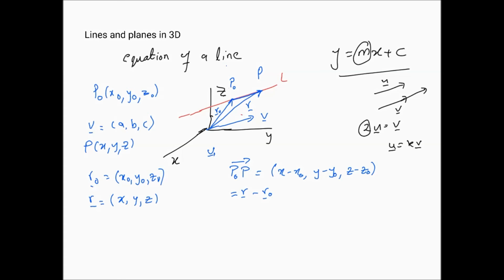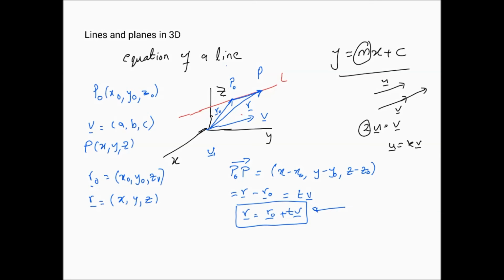So if we return to our situation, since P0P is parallel to V, it means that r minus r0, or P0P, is equal to some scalar, let's not use k, let's use t, times the vector V. So r minus r0 is equal to tV, which means that, rearranging, r is simply r0 plus t times V. Now this is a very important result.